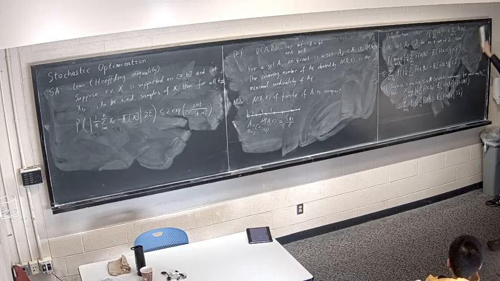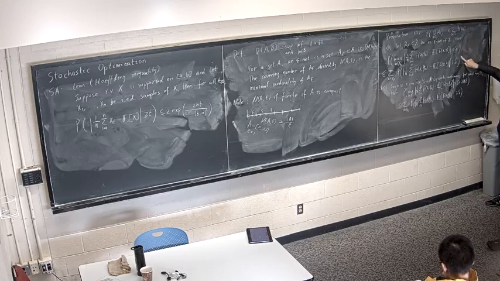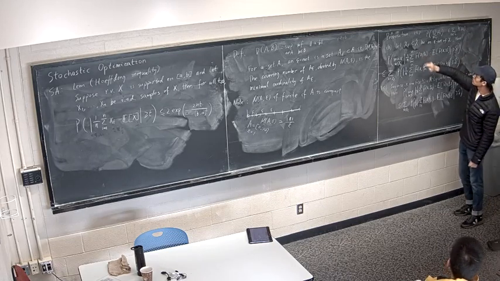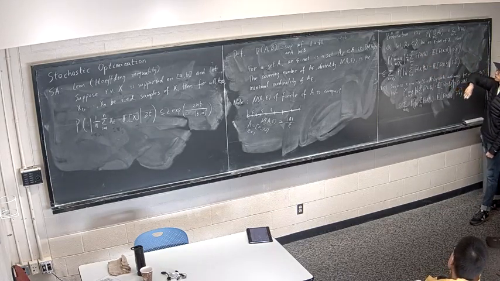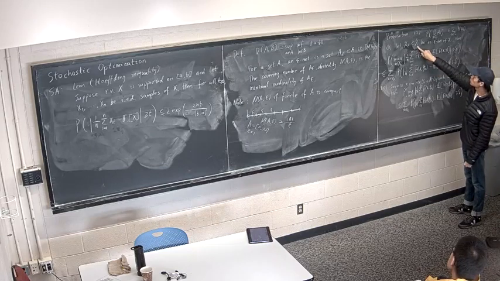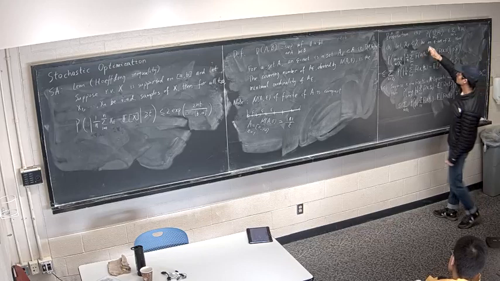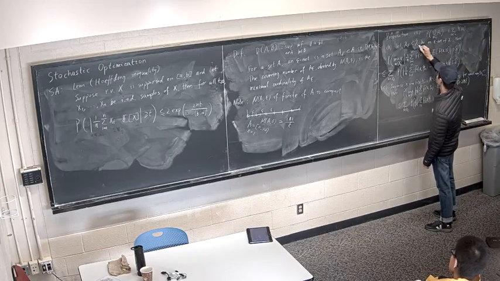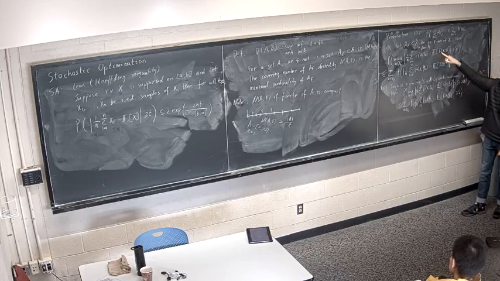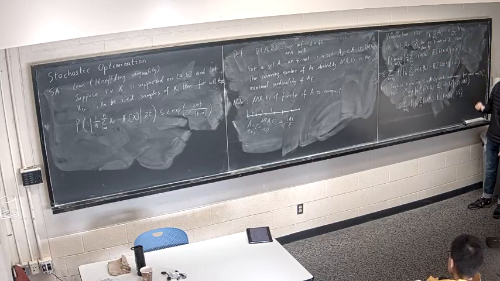And with this union bound, we can show the second claim here. In the stochastic optimization setting, let's view this set X as the domain of H, which is where our X lives. Usually we assume it's in the domain of H, for example when doing proximal gradient or accelerated gradient.